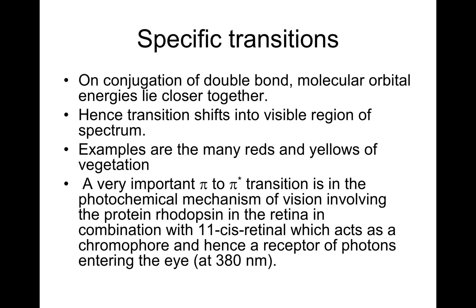A very important pi to pi star transition is in the photochemical mechanism of vision, involving the protein rhodopsin in the retina in combination with 11-cis-retinol, which acts as a chromophore and hence a receptor of photons entering the eye at 380 nanometers.